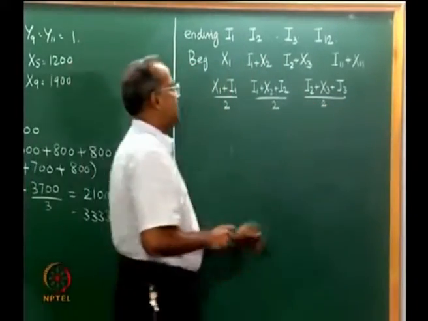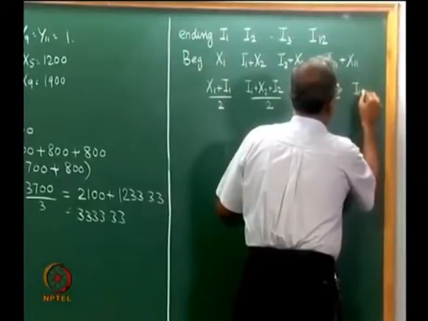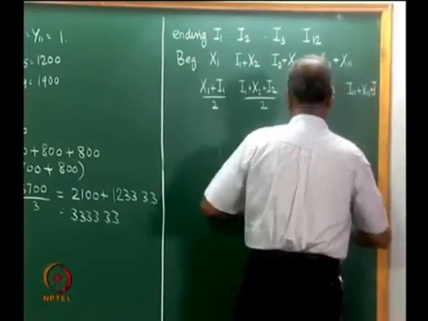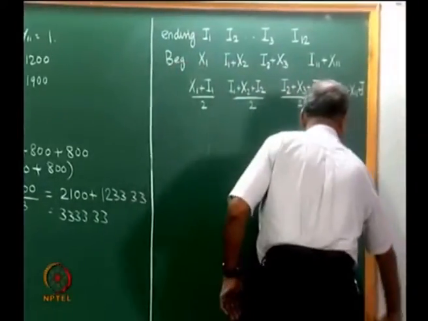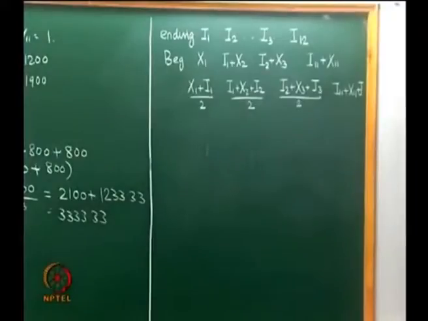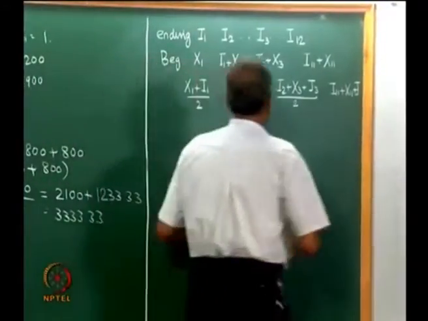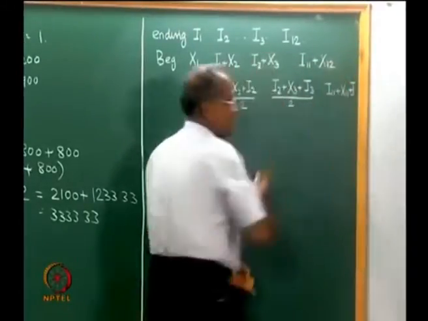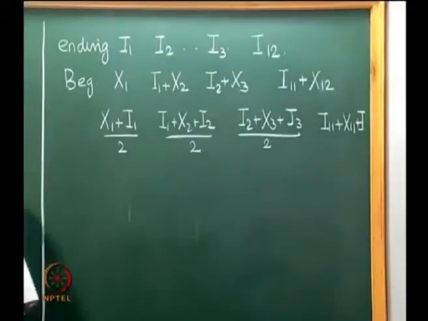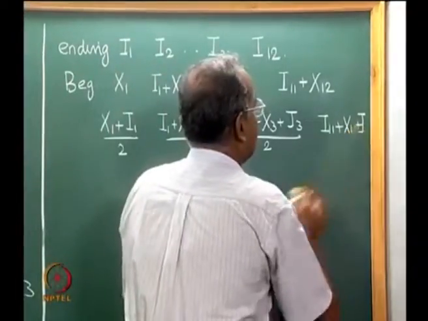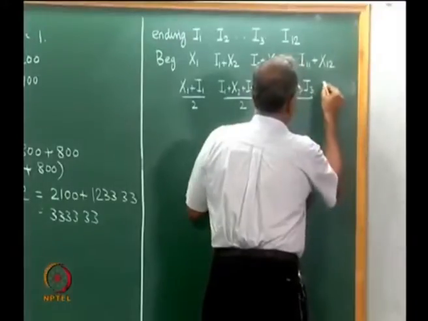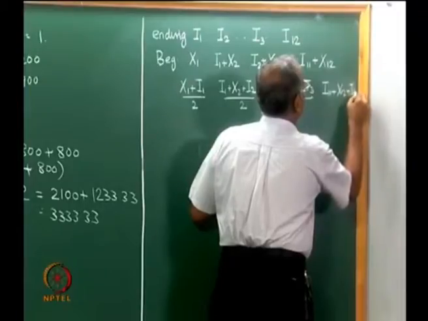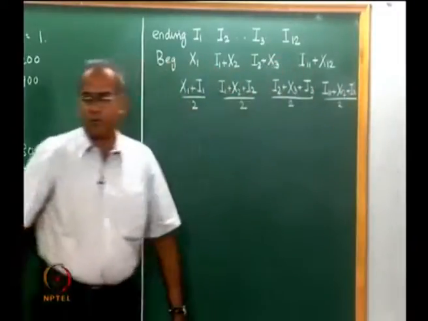For the 12th period, the beginning inventory will be I11 plus x12, because x12 is the quantity that we order. So this will become I11 plus x12 plus I12 divided by 2.